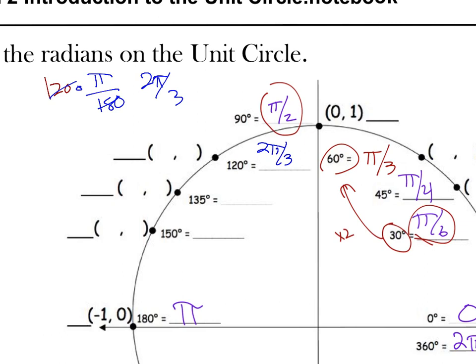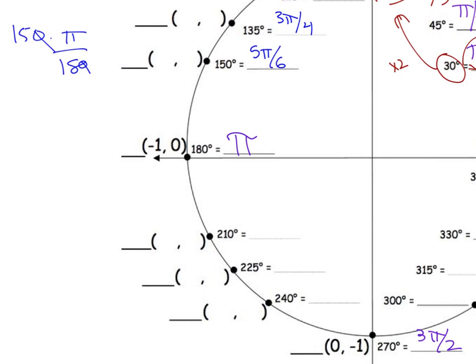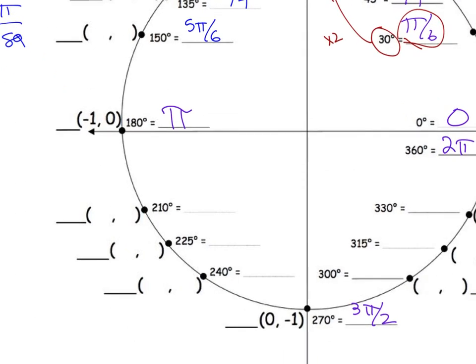Okay, so 135 becomes 3 pi over 4. And 150, if I follow that along, that cancels out. 15 over 18 can both be divided by 3, so this is going to be just 5 pi over 6. Now, from here, all I do is keep adding on to pi.